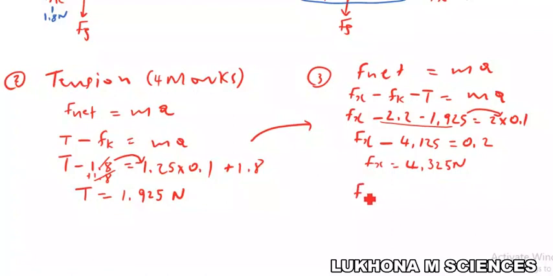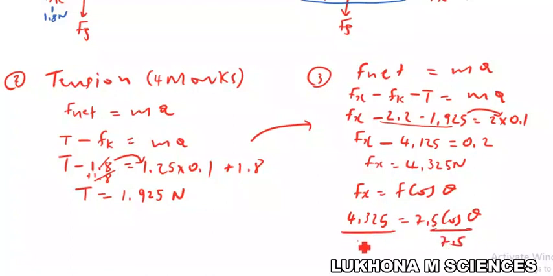Then Fx is equal to F cos theta. We're looking for theta. So 4,325 is equal to 7,5 cos theta. Then we divide by 7,5 on both sides.